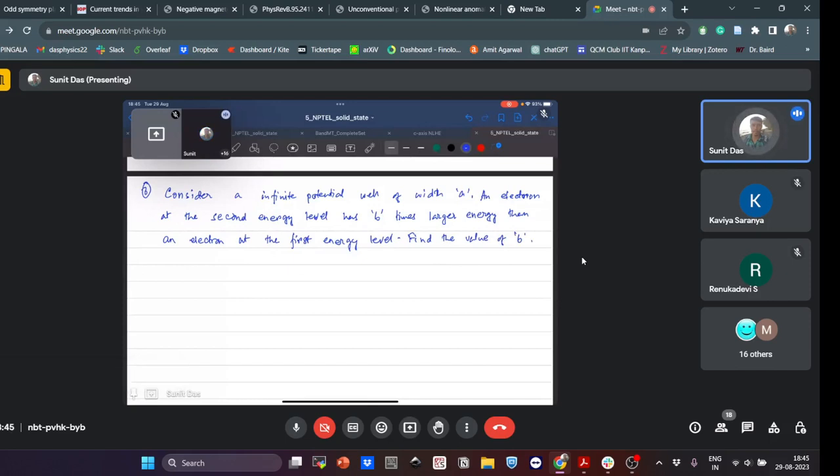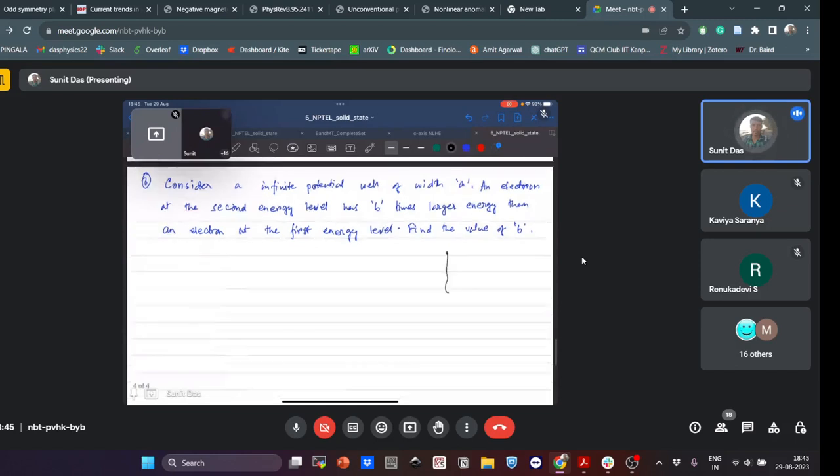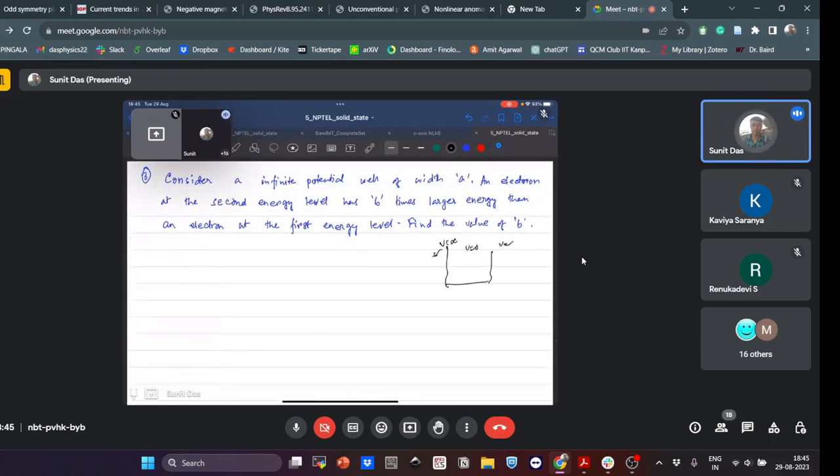So consider an infinite potential well we just talked about. So V equal to infinity outside and V equal to 0 inside. Okay, the width is given as A. Now what it says is that let's say this is n equal to 1 level and this is n equal to 2 level for electrons.